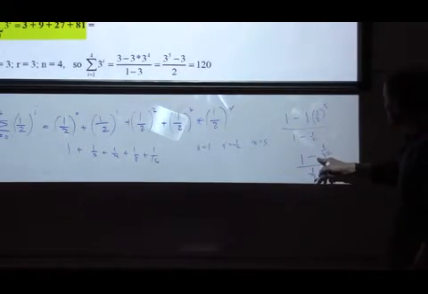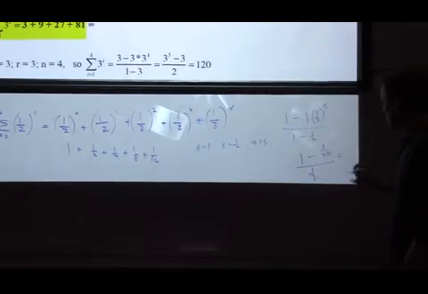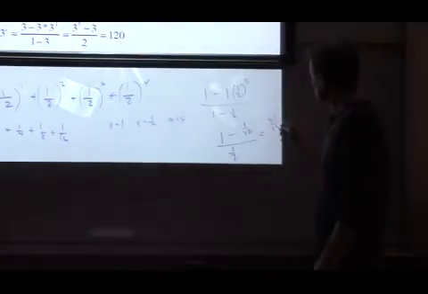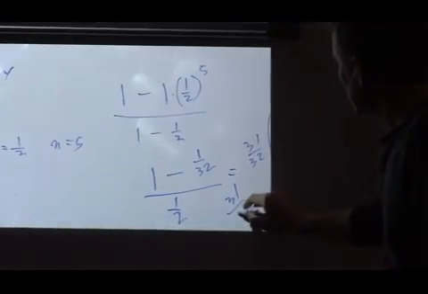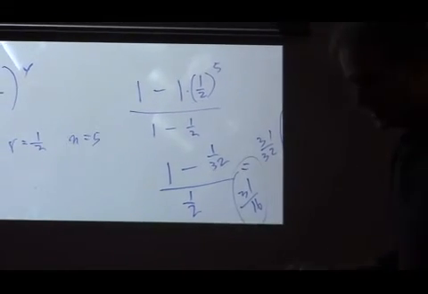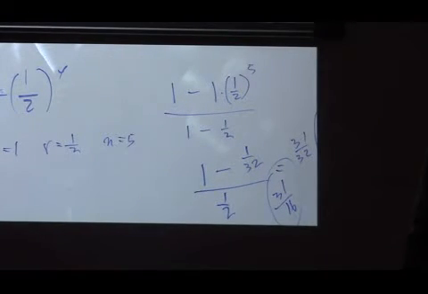So 1 minus 1/32 is what? 31 over 32 times 2 over 1. So it's going to be 31 over 16. If you don't believe me, you can check it manually. I know it's not a lot of work, but it's kind of a pain. That's the solution.